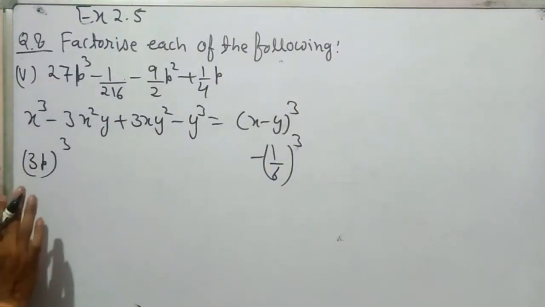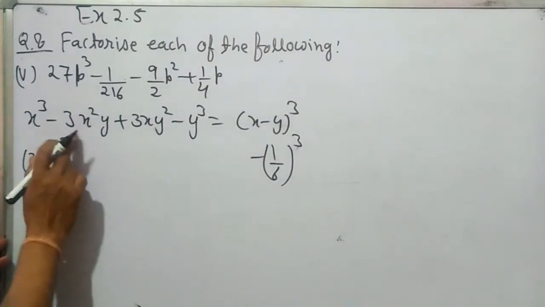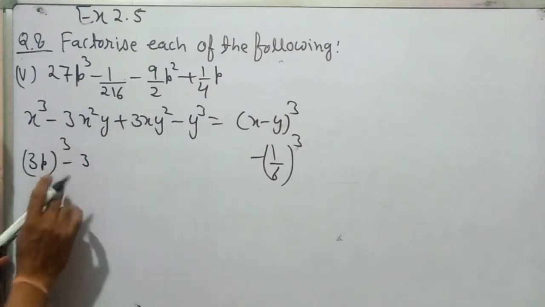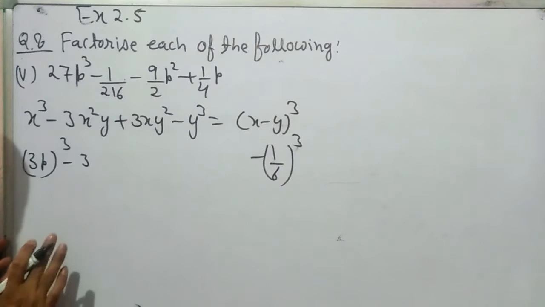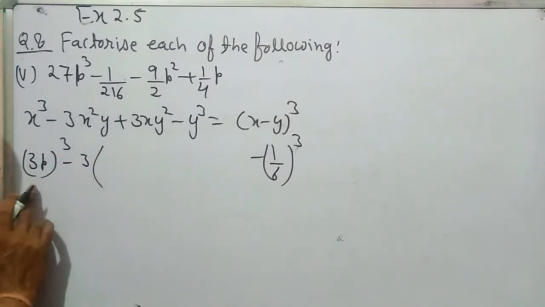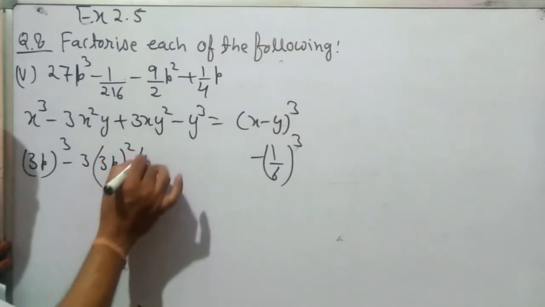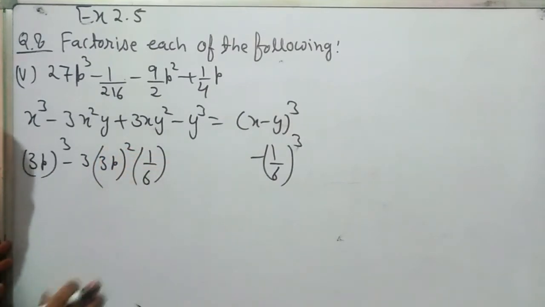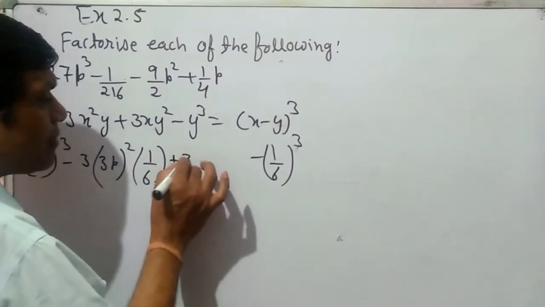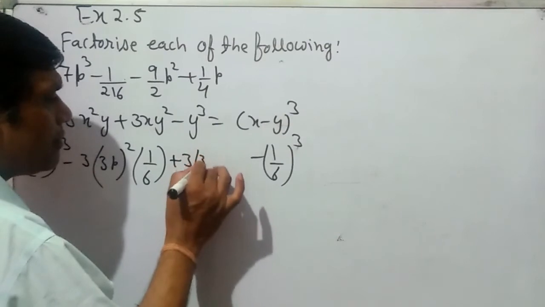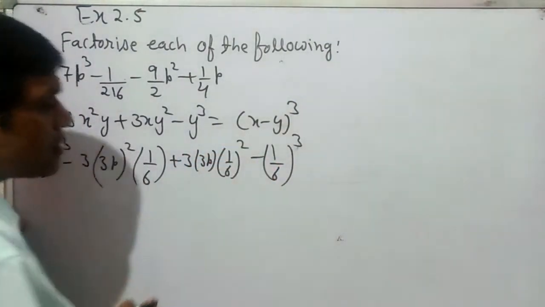3p cube is 27p cube. 1 upon 6 cube is 1 upon 216. Simply write the 3x square y terms. If they match with them, then we can use the identity. So we have 3 multiplied x square, that is thrice p square, y 1 upon 6, plus 3x thrice p, y square 1 upon 6 square.